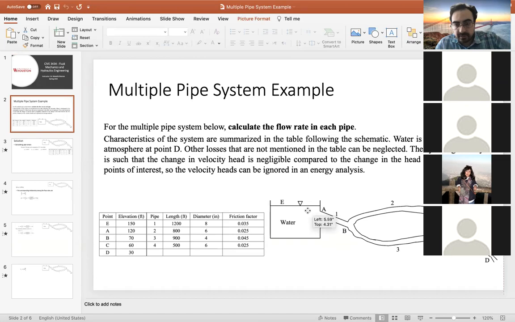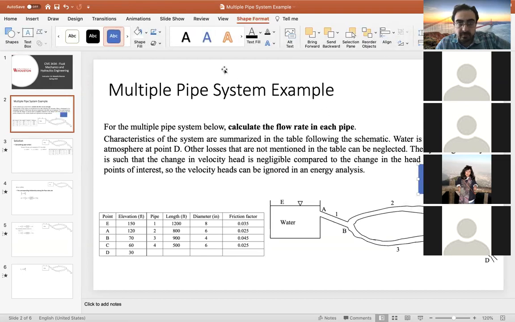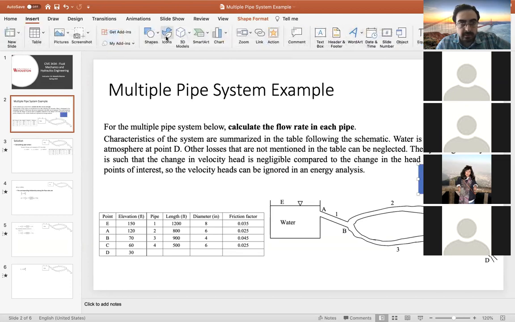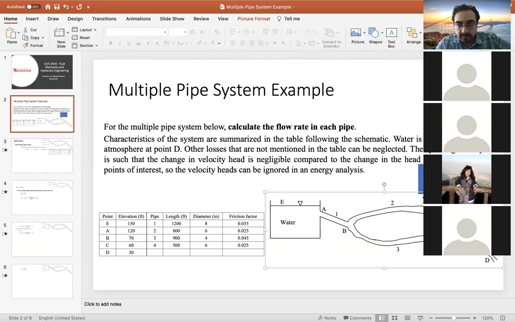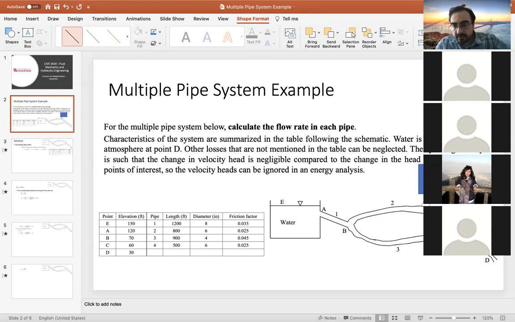So if I, for example, have another reservoir here, let me show it.